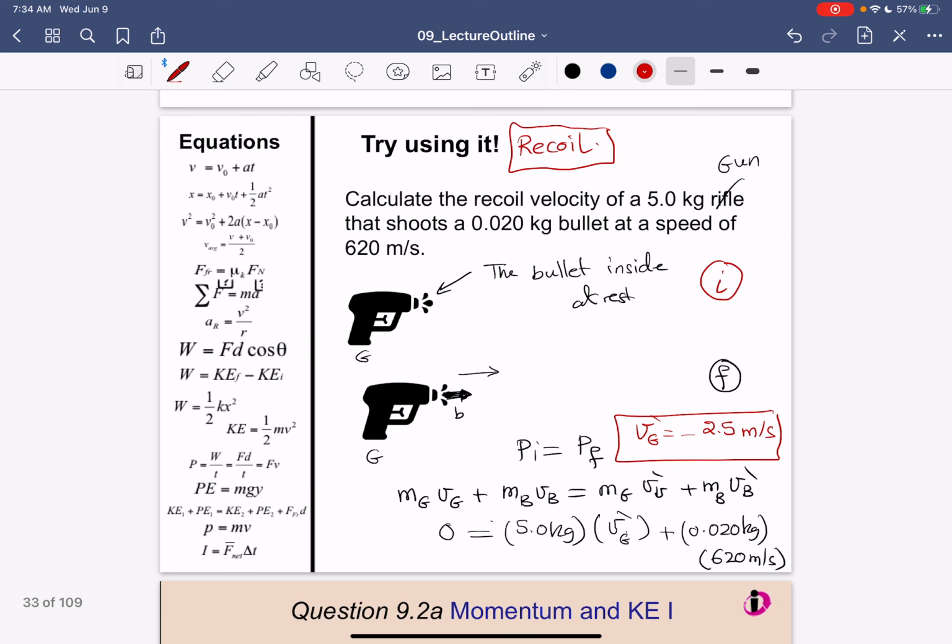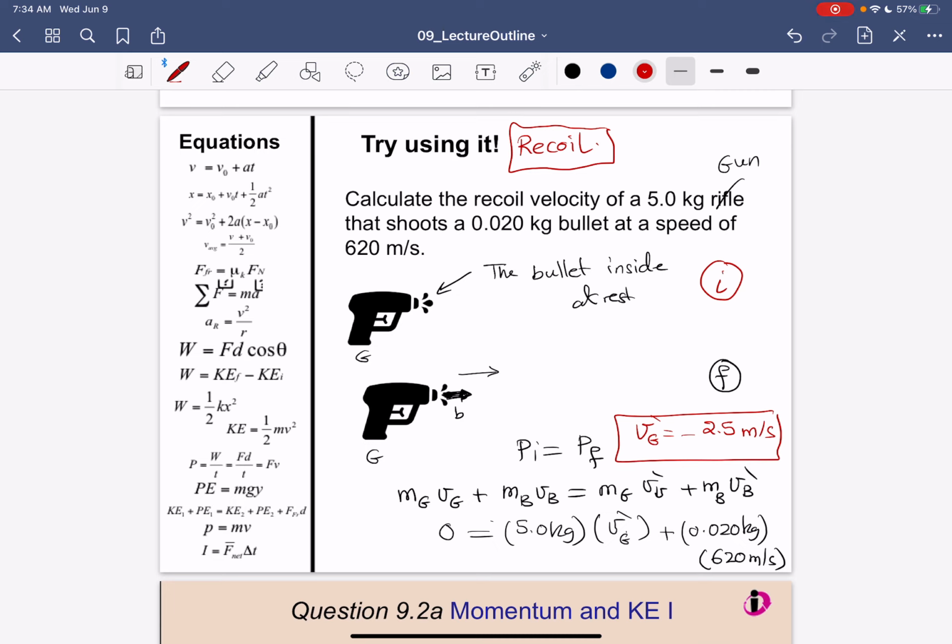Now here I have a gun. I changed it into a rifle because I didn't find a picture of a rifle. Calculate the recoil velocity of a 5 kilogram gun that shoots a 0.02 kilogram bullet at a speed of 620 meters per second.